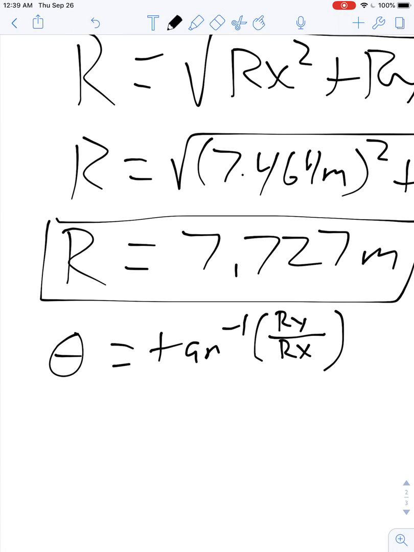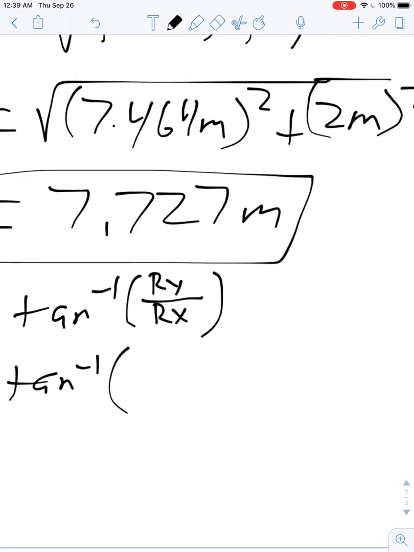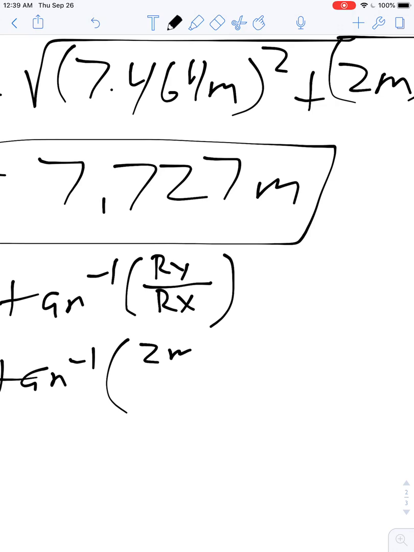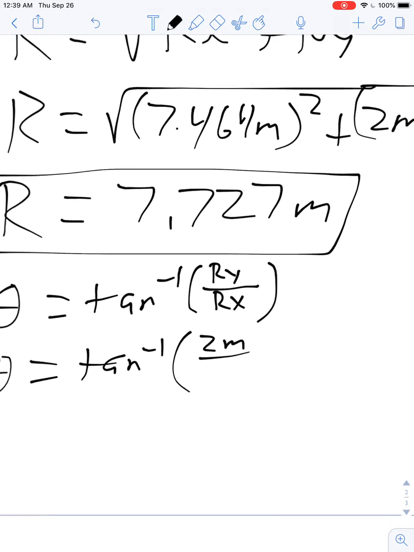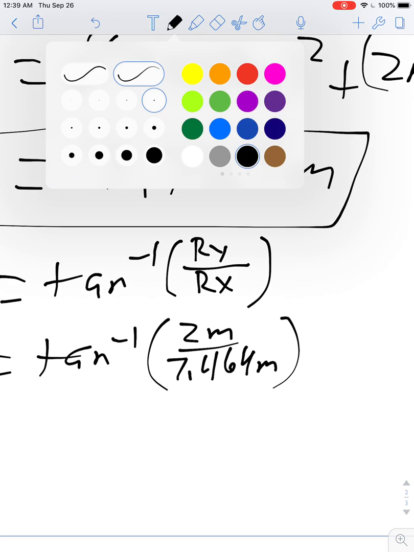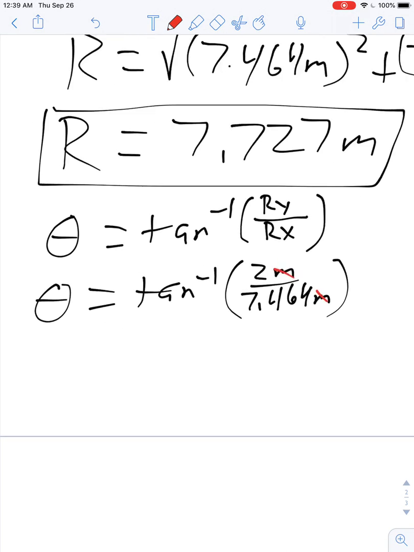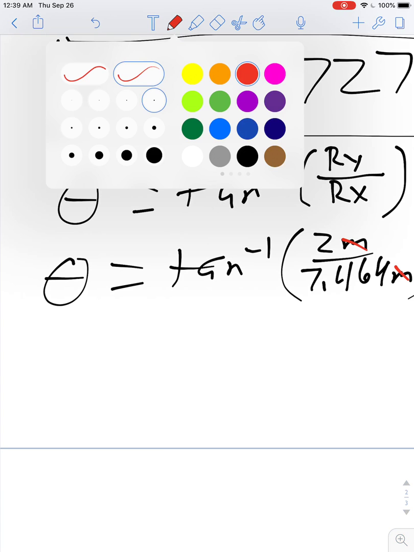I'm just going to sub in my numbers. Inverse tan of our y, which is 2 meters, over our x, which is 7.464 meters. Notice that because we've got meters in the top and bottom, the meters factor out, which is a good thing.